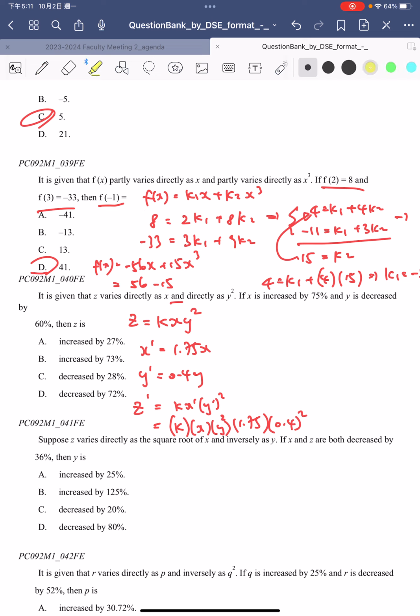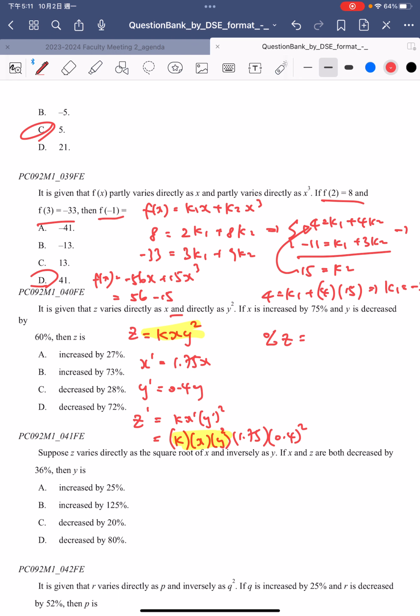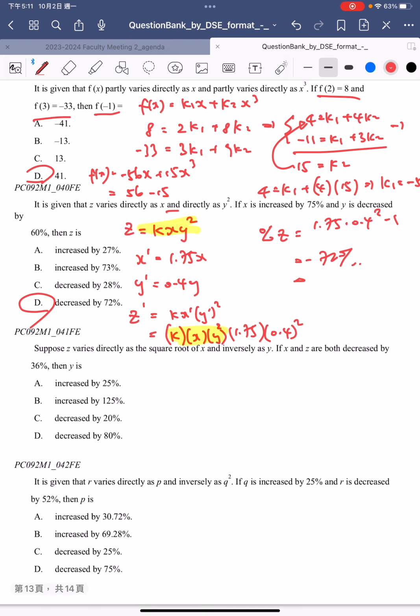Please bear in mind kxy squared is the common factor. The percentage change of z is 1.75 times 0.4 squared minus 1, which gives you negative 72%. So the answer should be D, decreased by 72%, because it's negative.